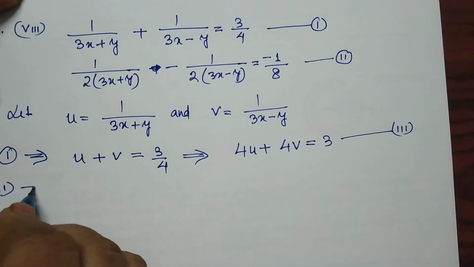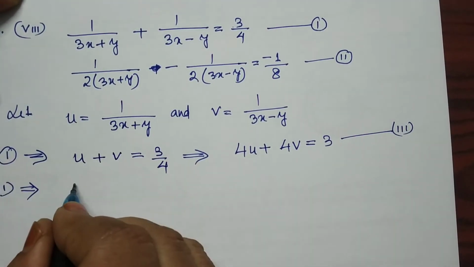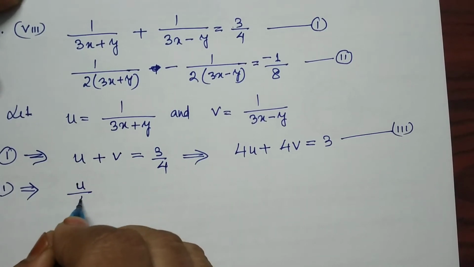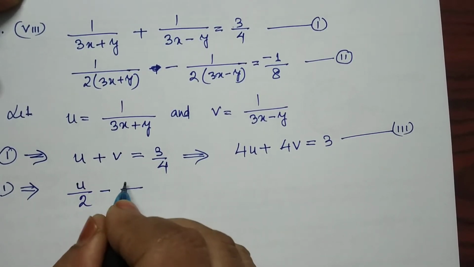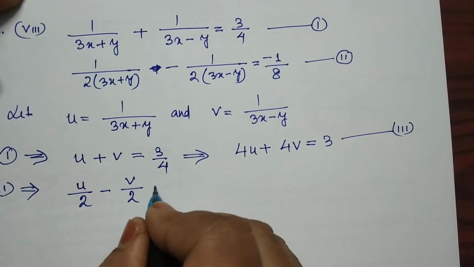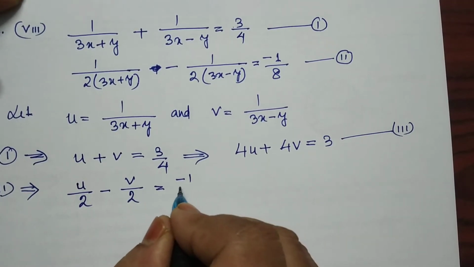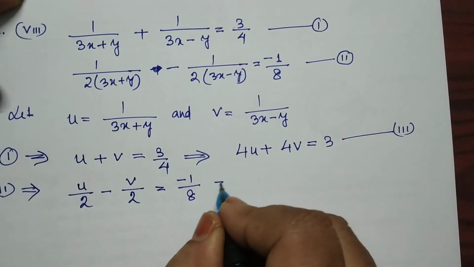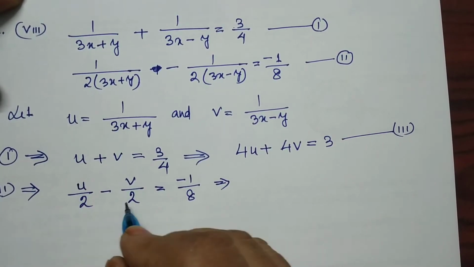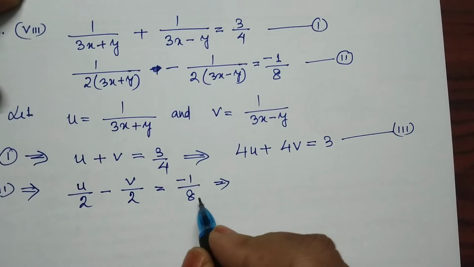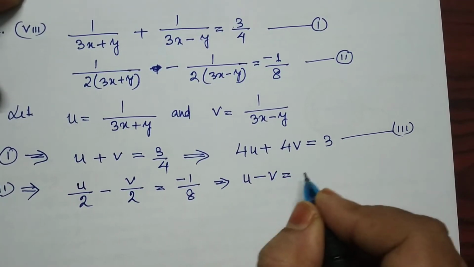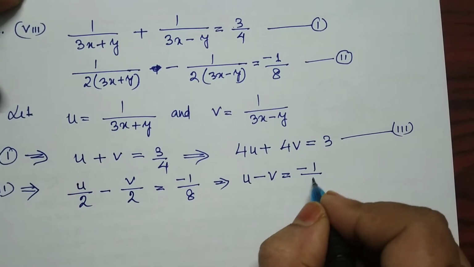And equation number 2 will change. Here u by 2 minus v by 2 equal to minus 1 by 8. Now if we multiply it by 2, then it will be u minus v equal to minus 1 by 4.